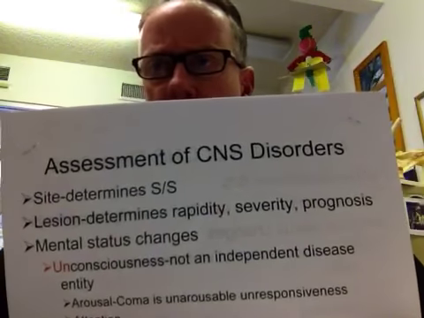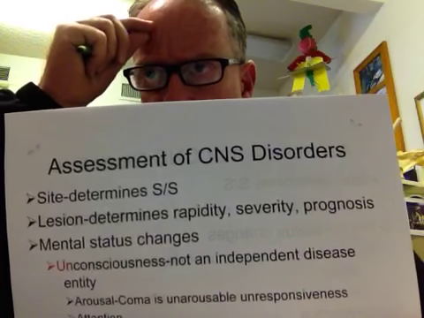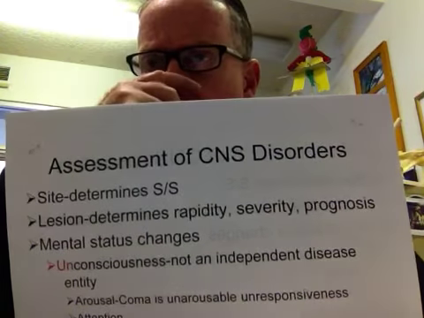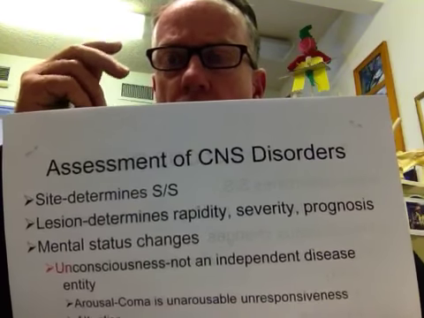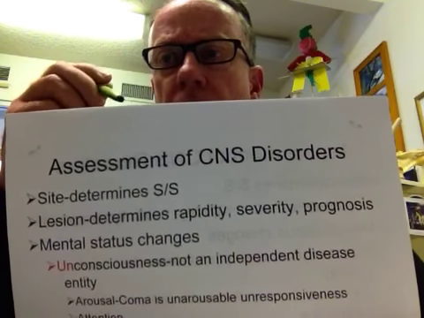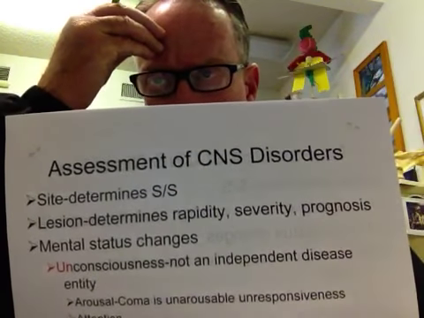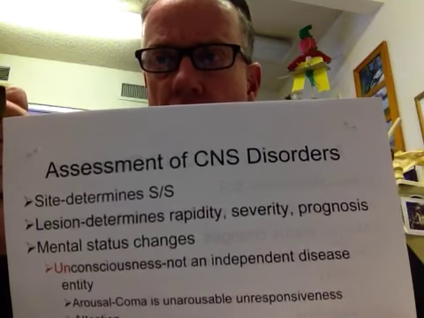So it doesn't matter whether it's a sharp force trauma, an abscess, a neoplastic tumor, a contra-coup injury, or an infection. If it's this portion of the frontal lobe that's affected, they'll have the same symptoms.